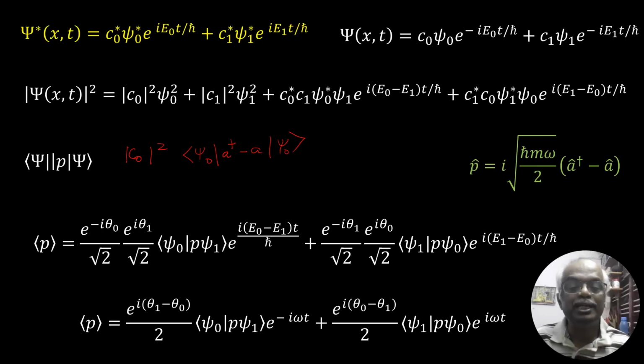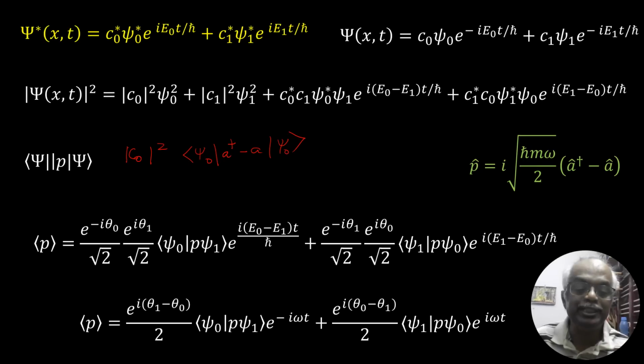What will happen? When the annihilation operator acts on ψ0, it cannot go below ψ0 because it's the ground state, so it will be 0. If the creation operator a† acts on ψ0, it becomes ψ1. Then the inner product of ψ0 with ψ1 becomes 0.